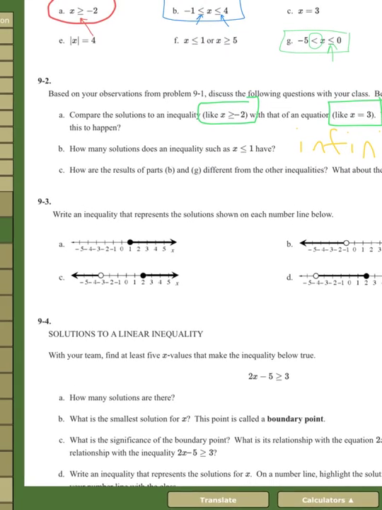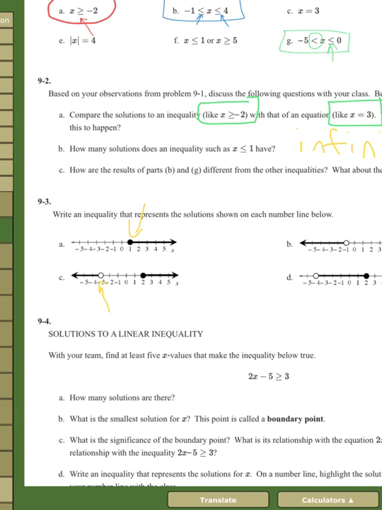For problem 9.3, you have to write the inequality, so you're basically writing the inequality based on the graph. You're going to notice that some of these graphs have a filled-in dot, some of these do not. That comes back to the, if it is open, it cannot be that number. If it is closed, it can be.